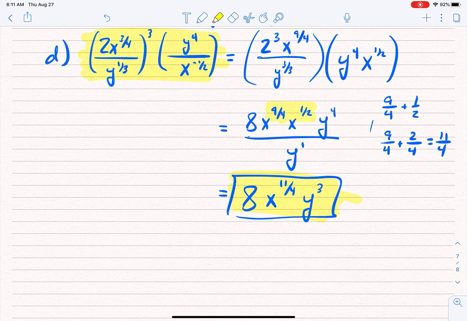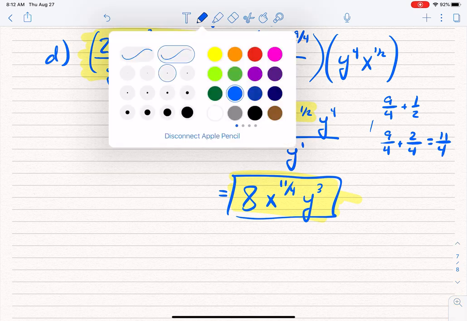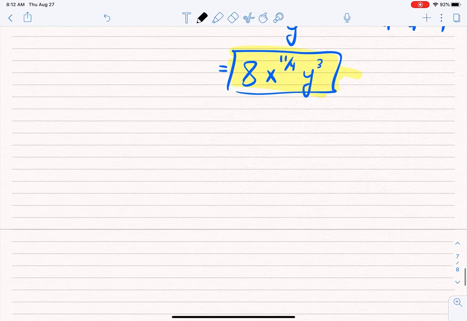All right, and so with that said, I'd like you to try just a couple more on your own, and then you're going to get started on your homework, okay? So I want you to try these problems. Let's try 3. We're going to do r to the 1/6 times r to the 5/6. Super easy.